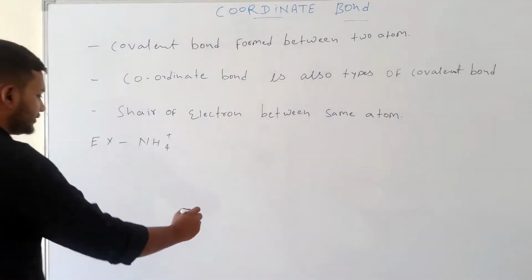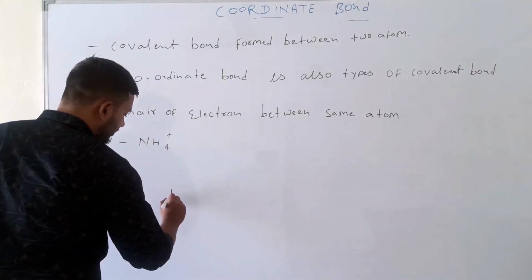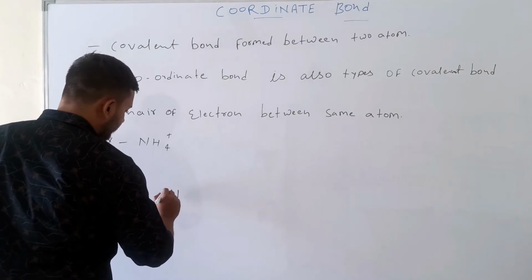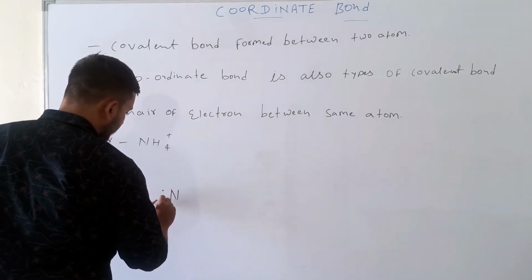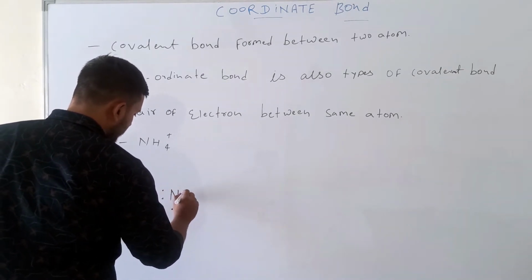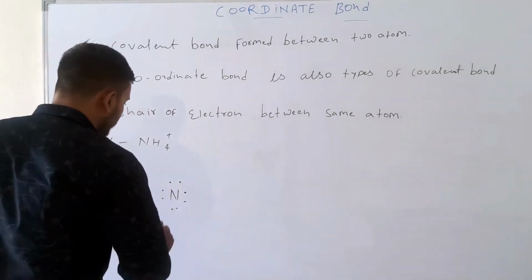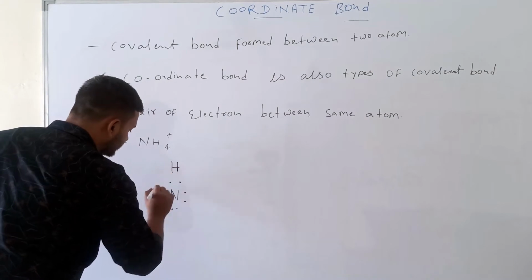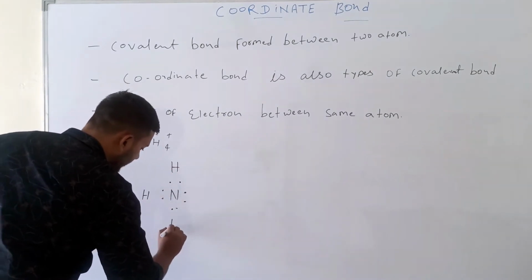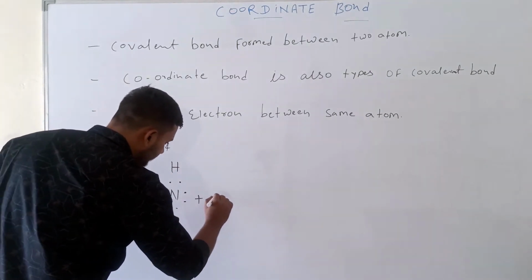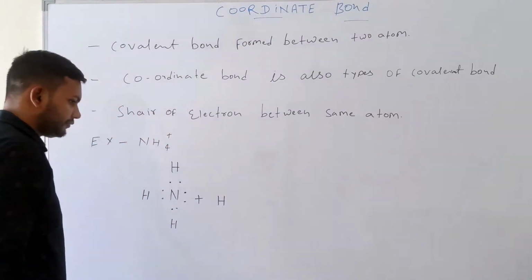Here, this is our nitrogen's electrons, and the electrons are shared with hydrogen, plus hydrogen.